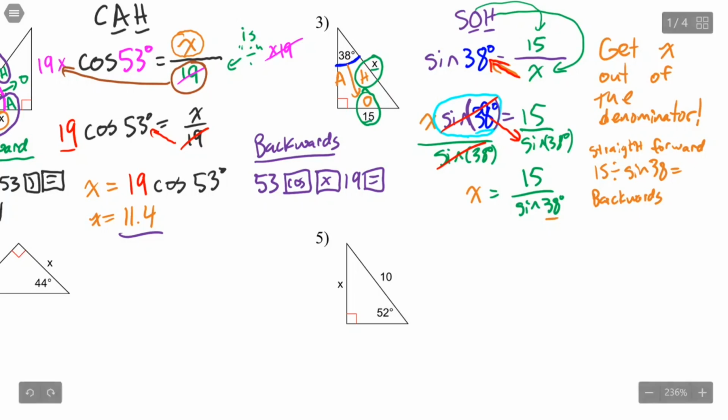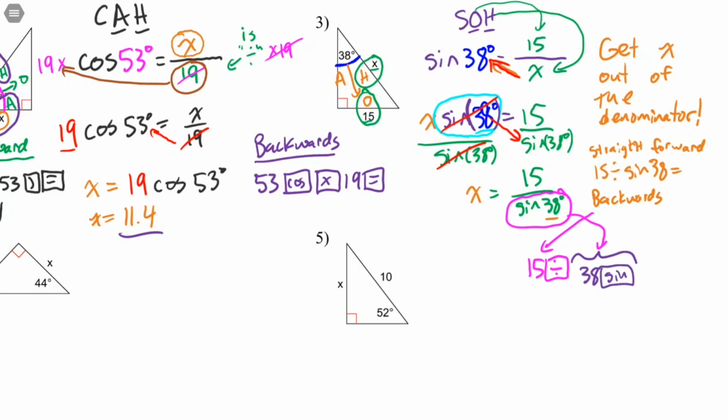So let's go through this very, very carefully. If you've got a backwards calculator, here's what you need to do. First step, you're actually going to do the 15 divided by. The 15 then needs to be divided by this whole thing. The way you do this whole thing is you do 38, then hit your sine button.